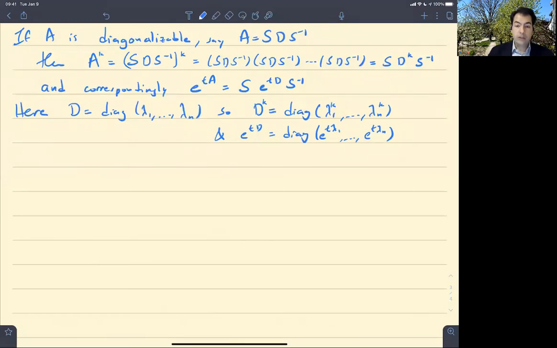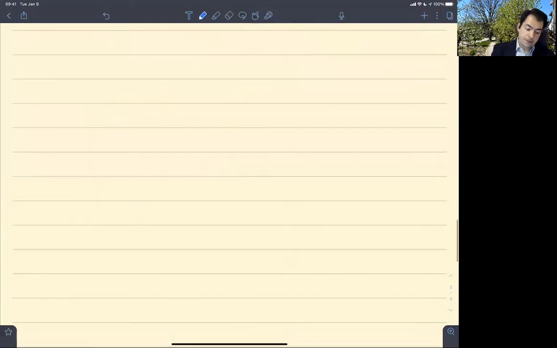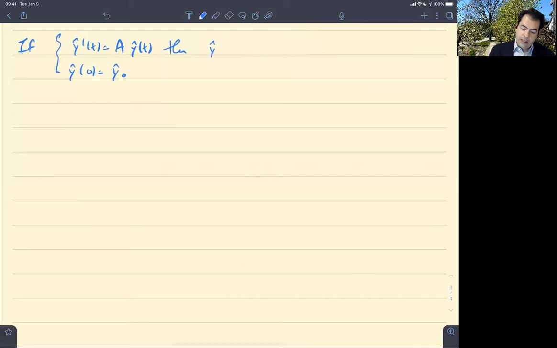Okay, what does that tell us about writing down solutions of the differential equations? Well, if you have your differential equation, y hat prime of t equals A y hat of t, y hat of 0 is y hat naught, some fixed constant vector. Then y hat of t is e to the tA y hat naught.